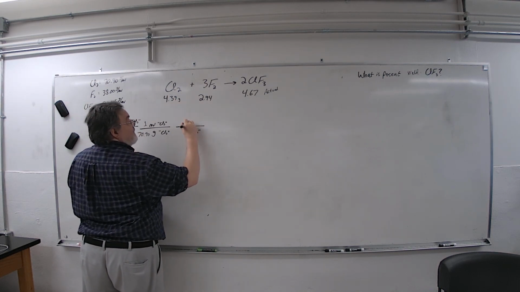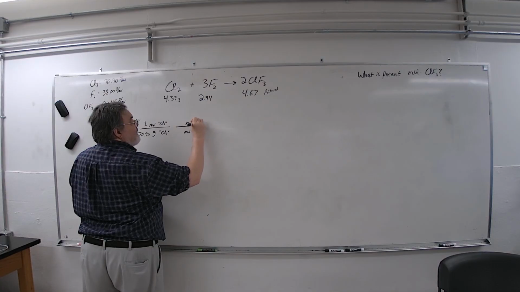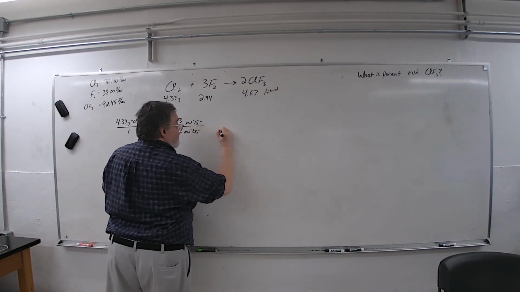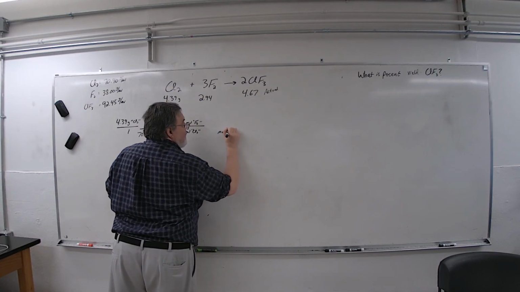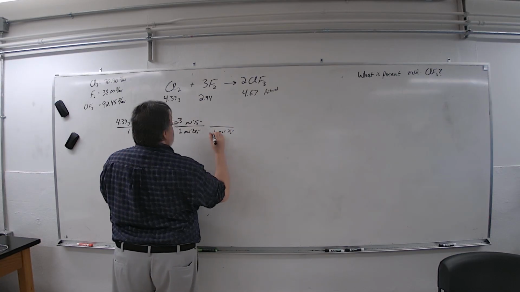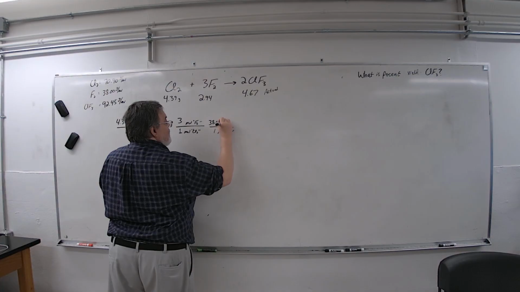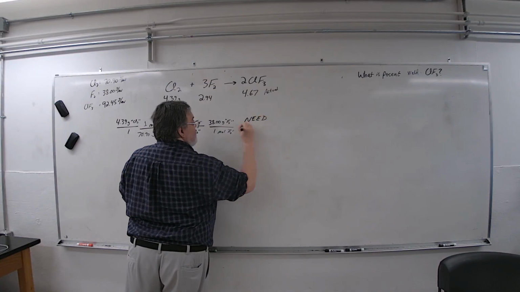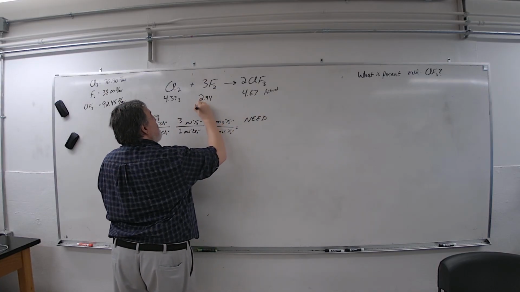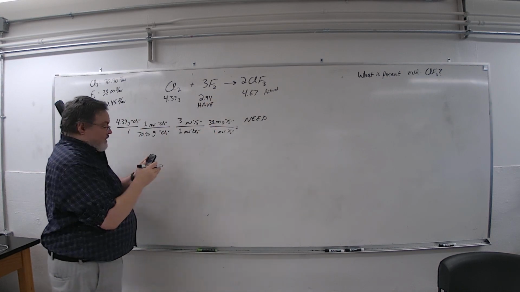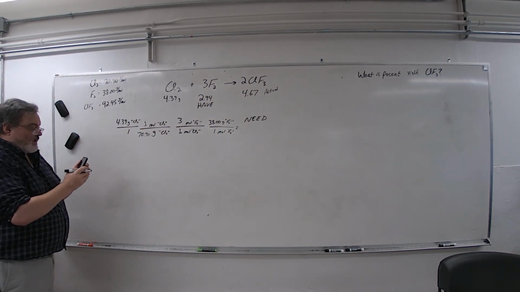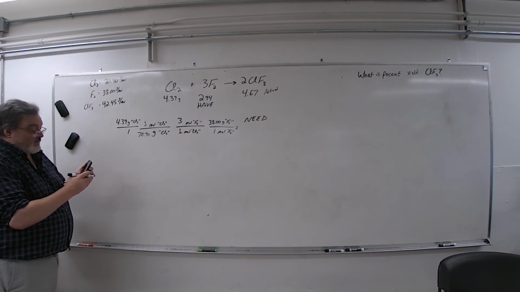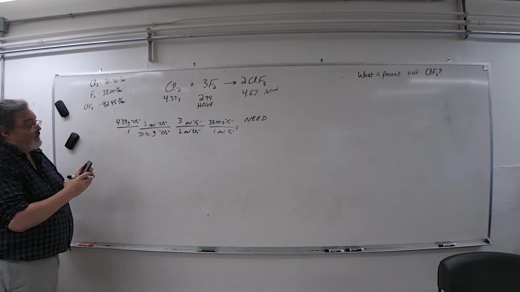Cl2 to F2. 3 F2s to 1 mole of Cl2. Mole of F2. 1 mole of F2 is 38. I'm going to write 4.39 times 3 times 38.00 divided by 70.90.